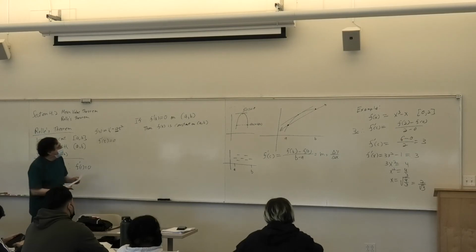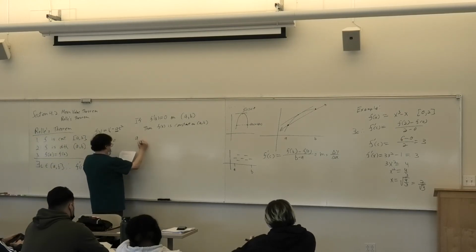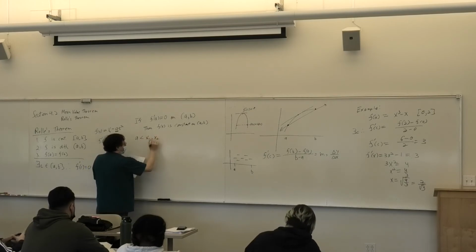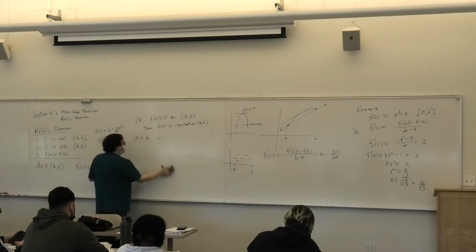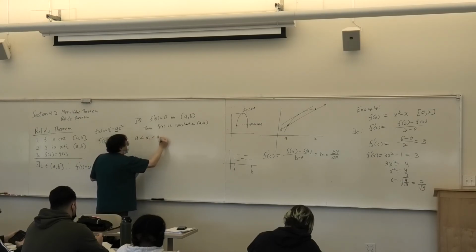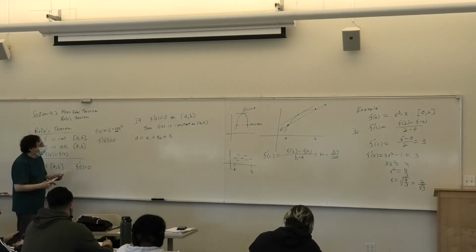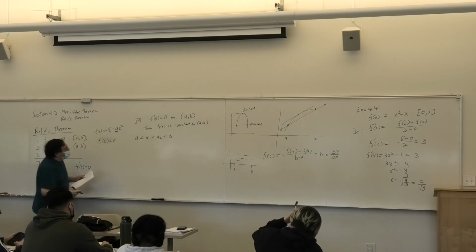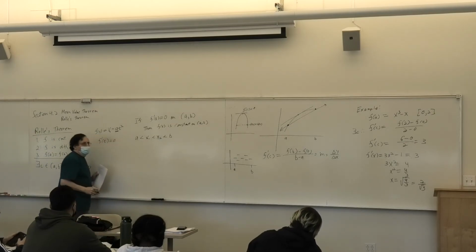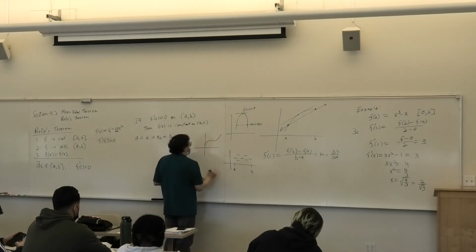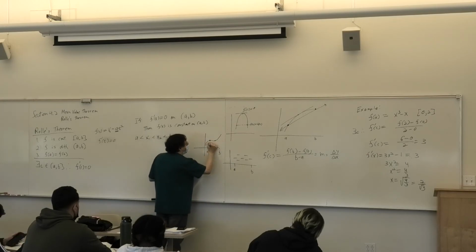Well, we would pick two arbitrary numbers, x1 and x2, that are between a and b. Any two numbers. We have some function, take it as not constant. We just pick two numbers, x1 and x2.